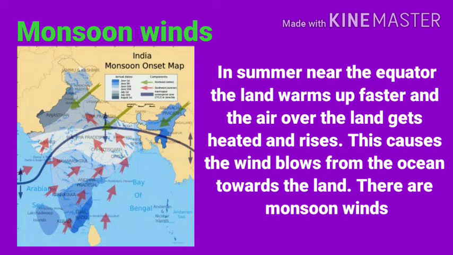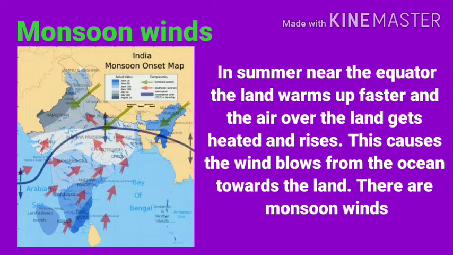You know that, right? Yes. Okay. It happens from the ocean towards the land because of the heating of the land, and the air rises up there. Clear? Yes. During winter, the direction of the wind flow gets reversed.